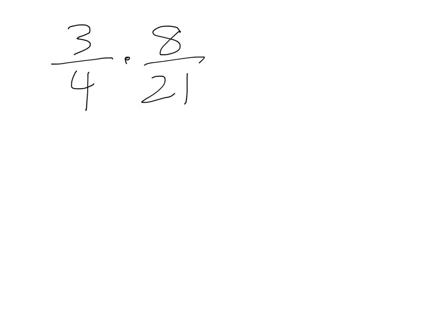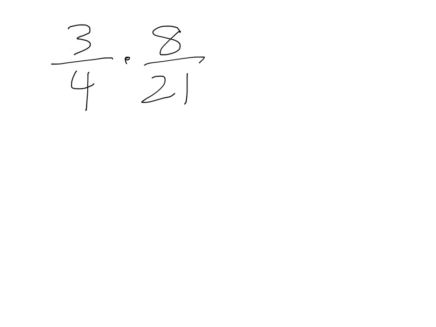Here's one for you to try. 3/4 times 8/21. Pause the recording and you try to figure out the answer to this one. Okay, you're back. Let's see if you got the answer correct.